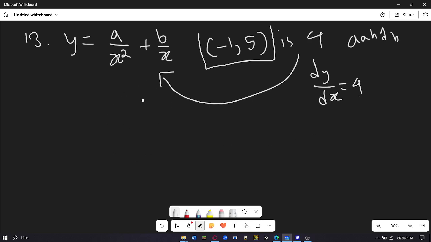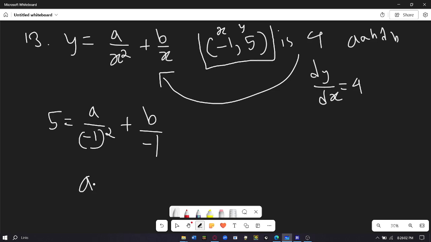One more thing we can do right now is, this is the x and this is the y, right? So let's substitute this into the equation first. 5 equals a by minus 1 squared plus b by minus 1. And from here we get a minus b.